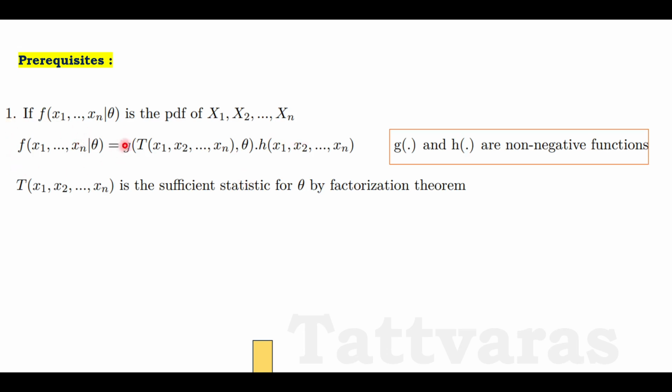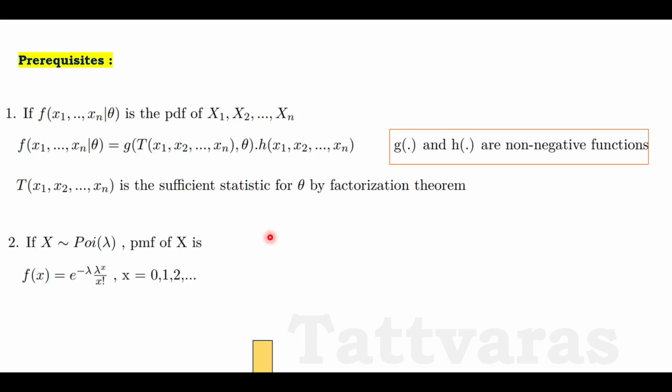Then if the joint PDF or PMF can be written down as a product of these two functions, where the first function is g, which involves theta and the sample only through a function of the sample, which is t, and the other one is h of the sample, in that case, both g and h are non-negative functions, and suppose the t, this function, is well defined. In that case, t is known as the sufficient statistic of theta by the factorization theorem.